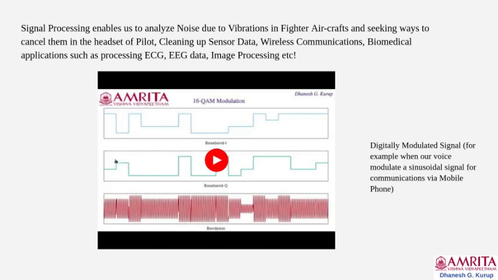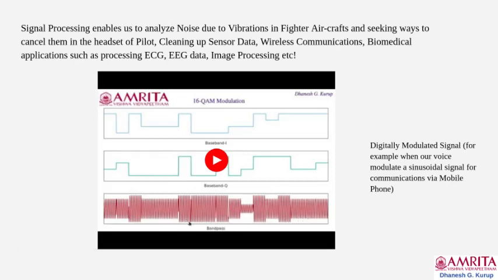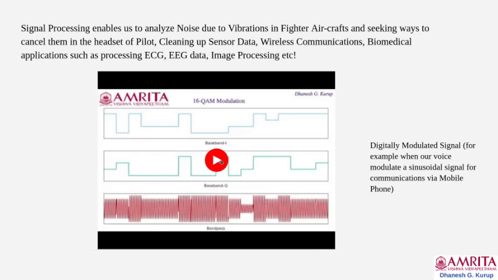Nowadays everything is coded in digital or binary form as zeros and ones. So the I and Q signals change according to the zeros and ones, and this I and Q modulate the high frequency carrier, and this is the digitally modulated signal. And in real time, how it looks, I'm going to play this video.